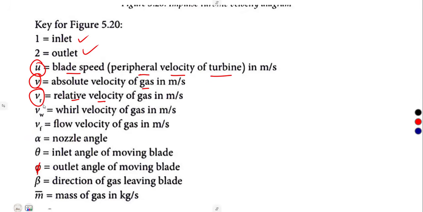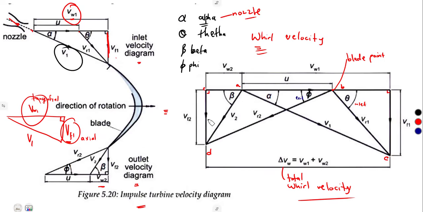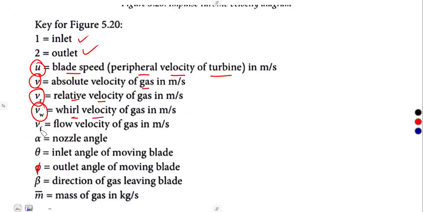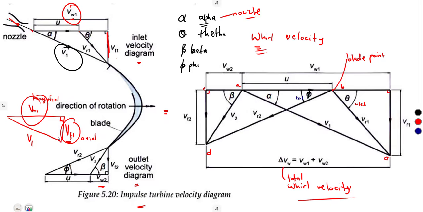And another part, VW, this one is simply the wheel velocity, VF, the flow velocity. We saw the part of our VF affecting the flow velocities, VF2 and VF1 there. Those are flow velocity. Then we have got alpha representing the nozzle angle, which is from the turbine point.